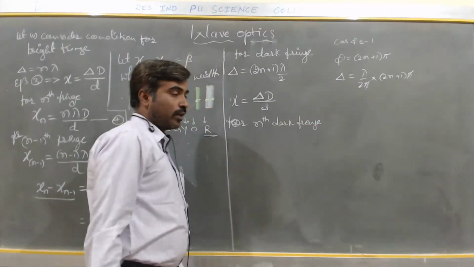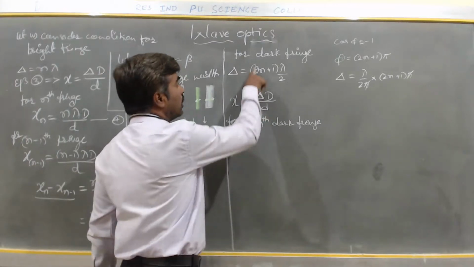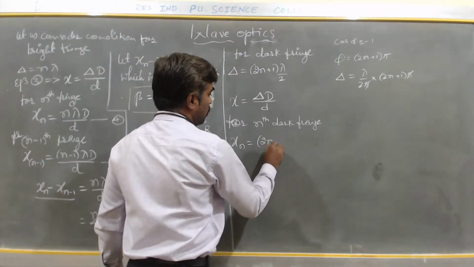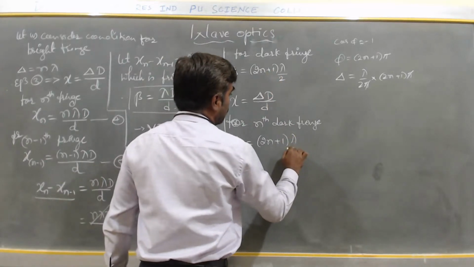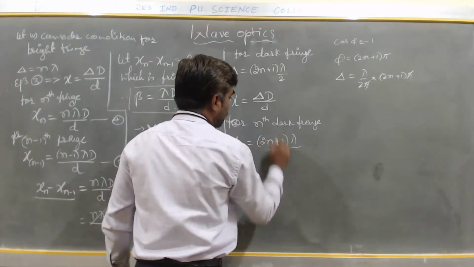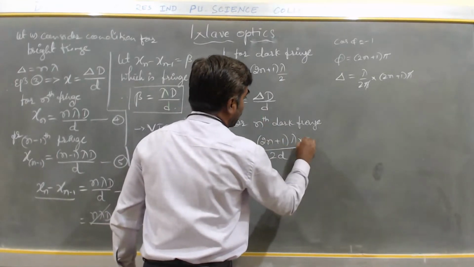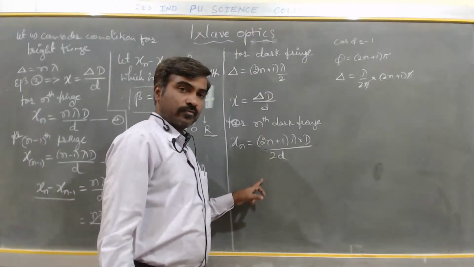For nth dark fringe, I will write xn equals delta, which is (2n plus 1) into lambda by 2 in the denominator, into capital D divided by d. In place of delta, I am substituting this condition.